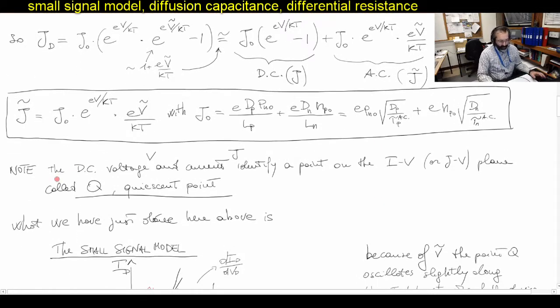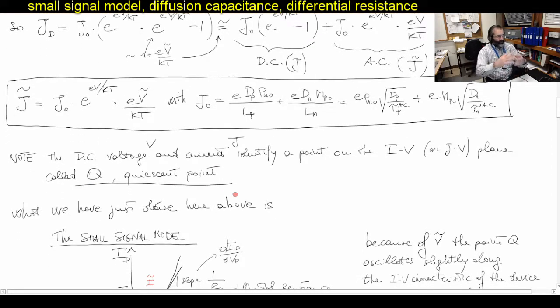Remember, just a quick note, that the DC voltage V and J that we've just identified are a point on the IV plane or JV plane that we call the quiescent point. We should try to remember this kind of thing.